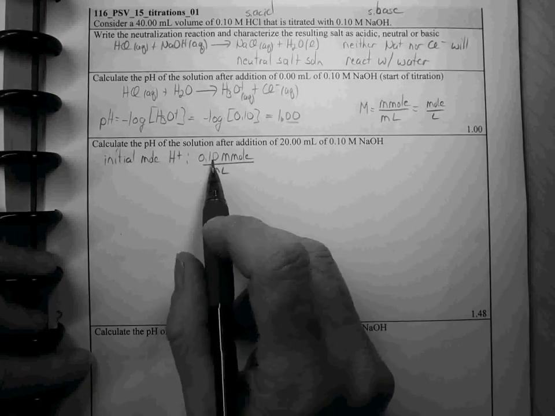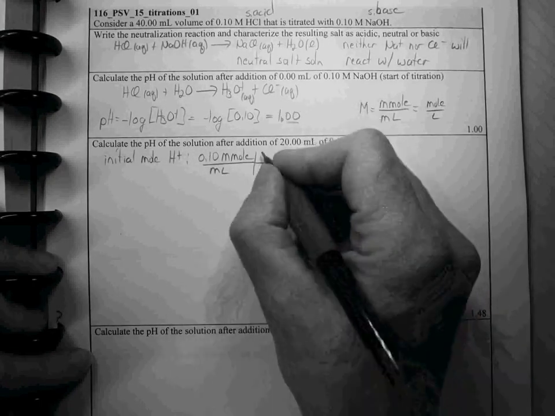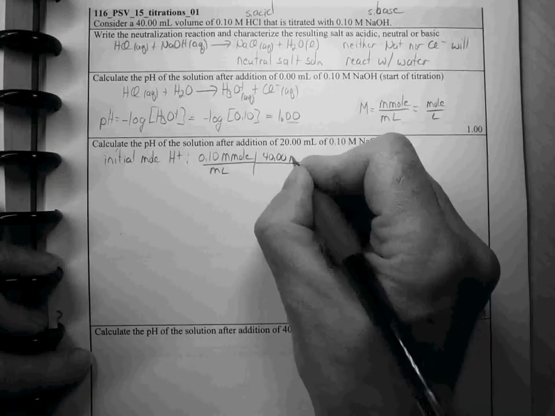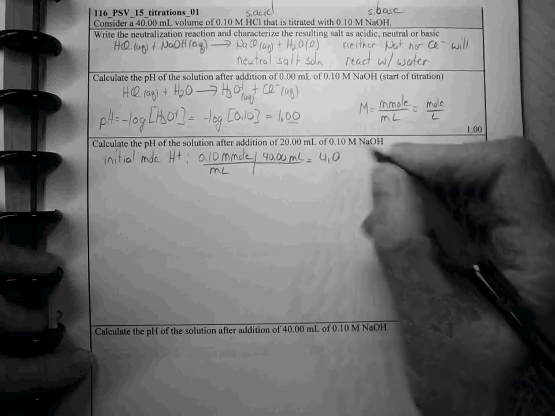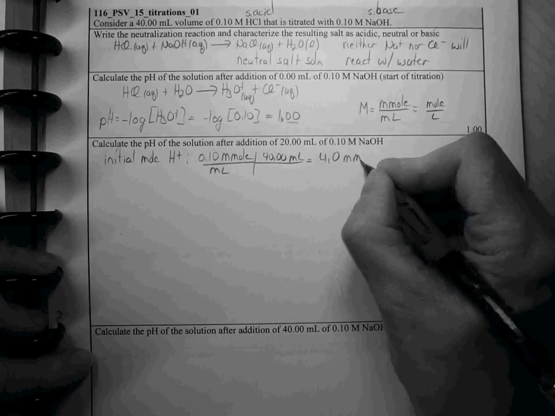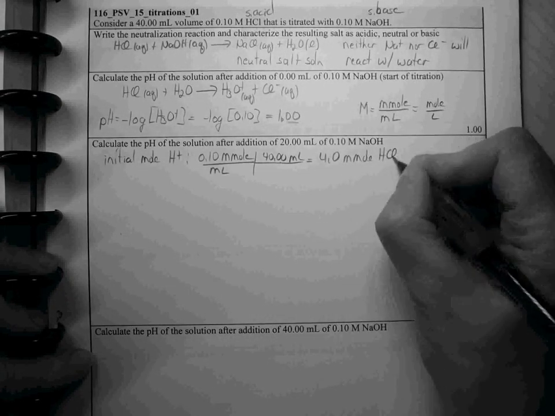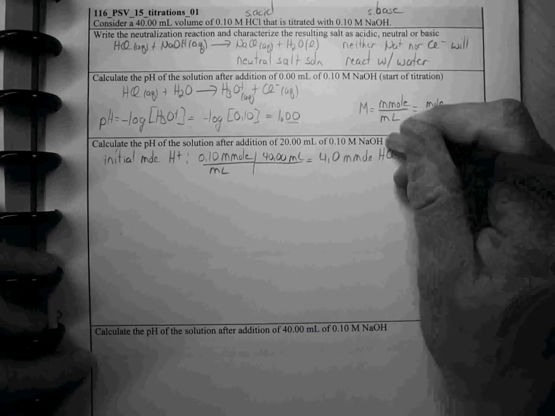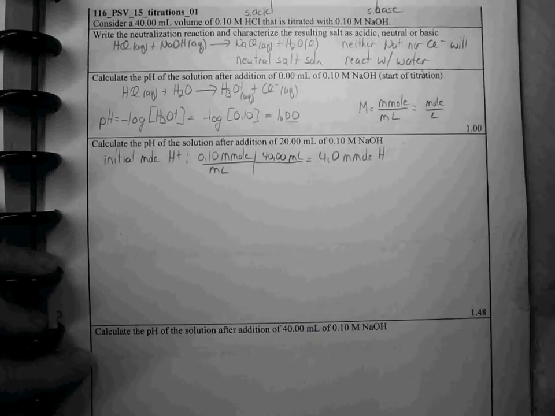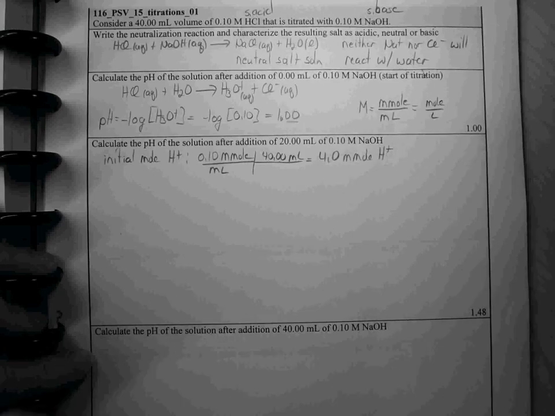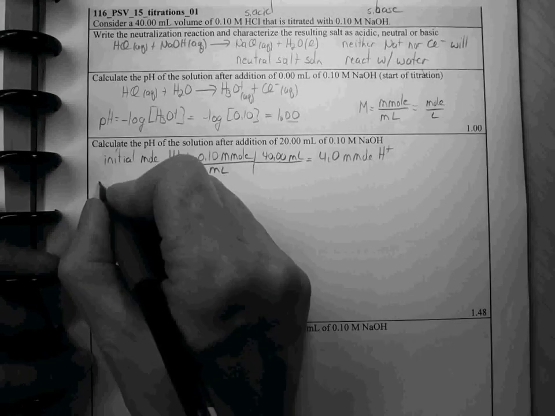Okay, moles per liter is the same as millimoles per milliliter. So we have 0.10 millimoles per milliliter, and we've started with 40 milliliters of our HCl. So we have 4.0 millimoles of HCl to start. Or we were going to call it H plus.